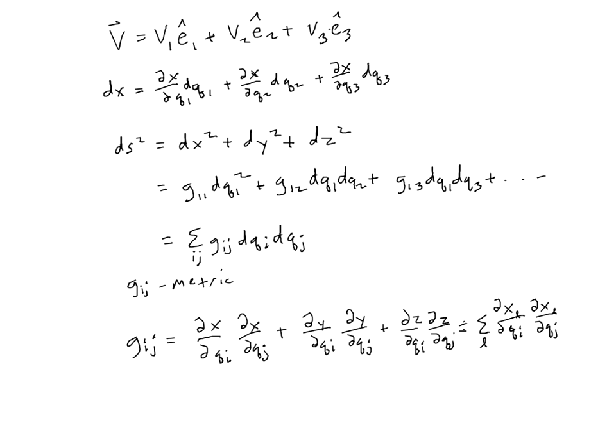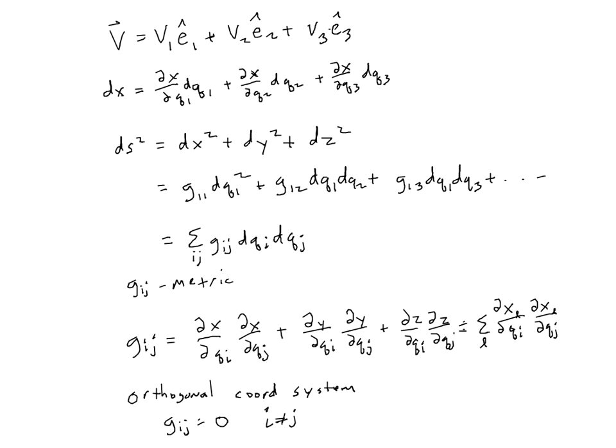So the idea here is that if we're talking about an orthogonal coordinate system, then the metric is going to be such that g_ij is equal to 0 for i not equal to j.